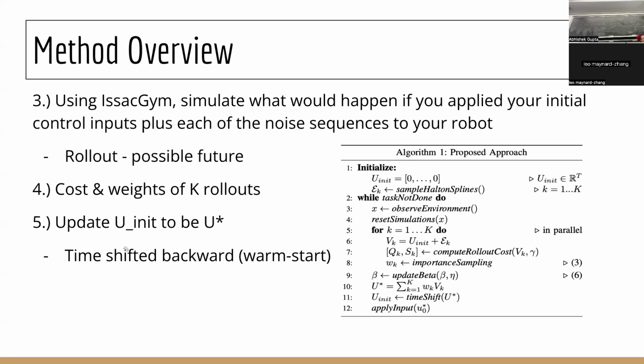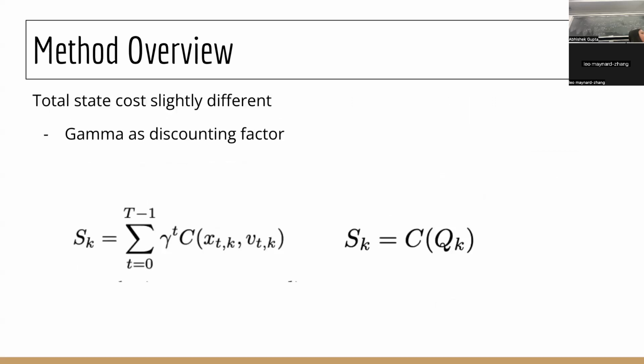For each rollout, we calculate a cost using our defined cost function and then apply our weights and repeat until this task is done, right? So pretty much the same as the old method, except I think at the end, they time shift their U star backward 1 step because time has already moved on 1 step since you started this process. And they referred to it as a warm start. That didn't really make sense to me.